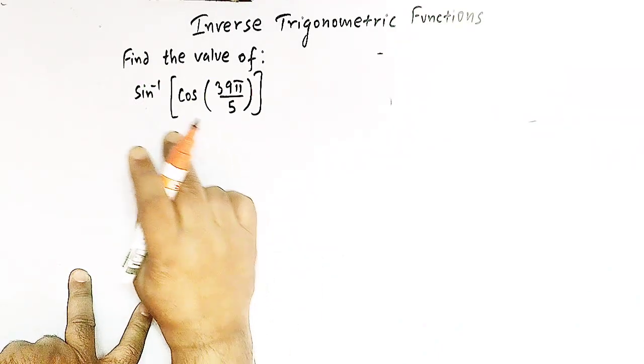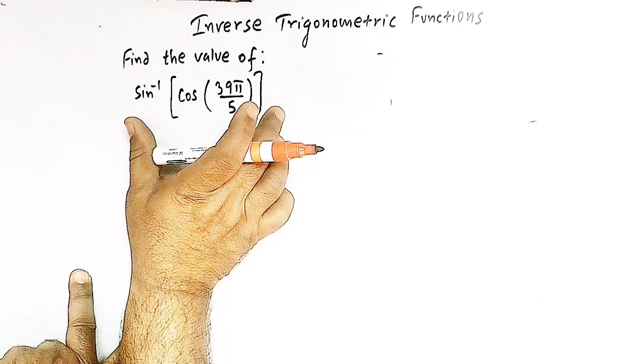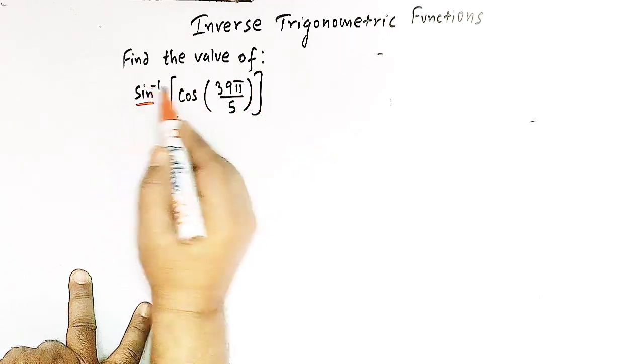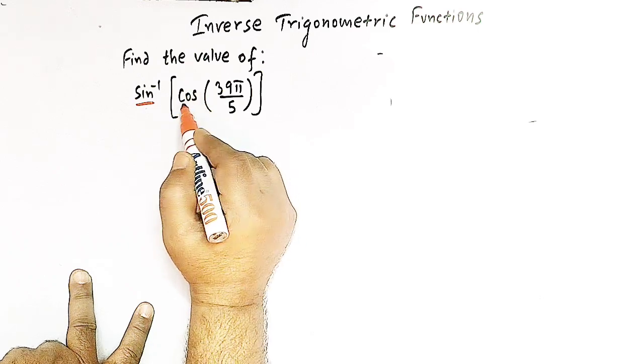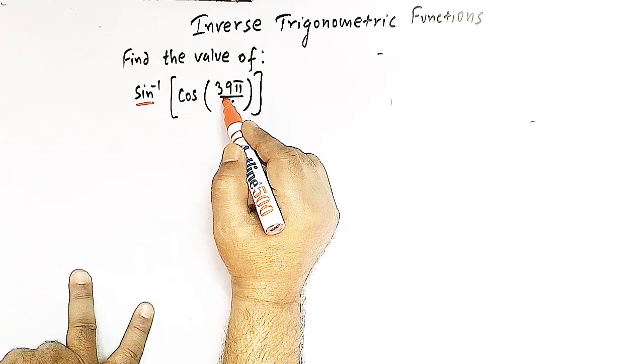So whenever we have to find out the values of expressions of this type, where we have here the sine inverse function, and then we have the cosine function, and here we have some angle, right?